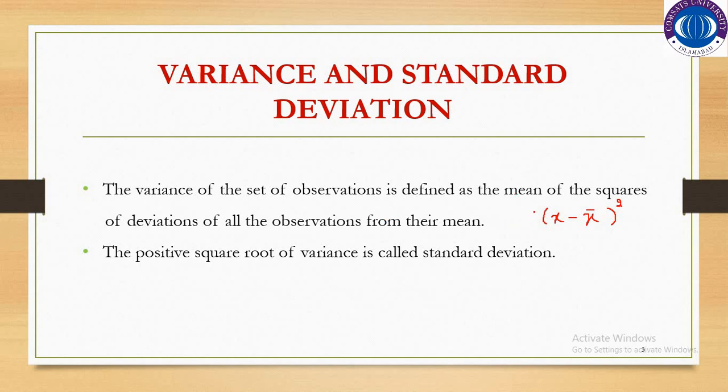For the purpose of the mean, what we do is take the sum of all the observations divided by the total number of observations. Let's suppose the total number of observations is n. So this is the variance, and the standard deviation is the positive square root of the variance. By taking the square root of the variance, we will get the standard deviation.